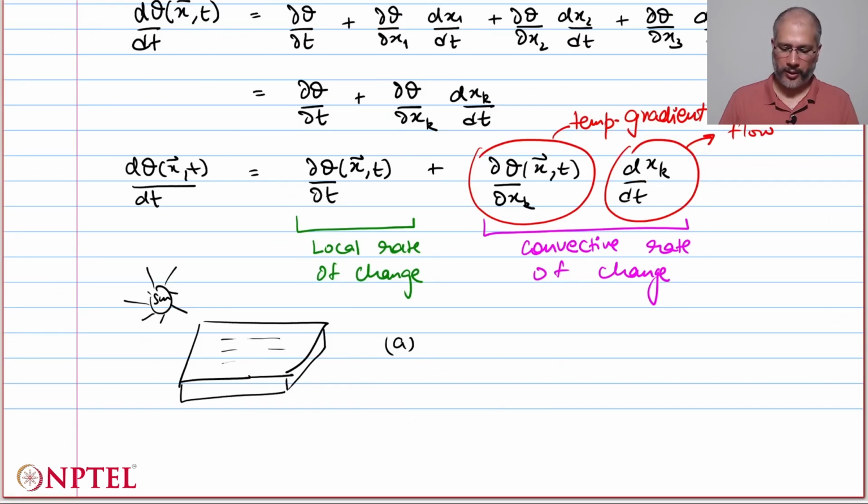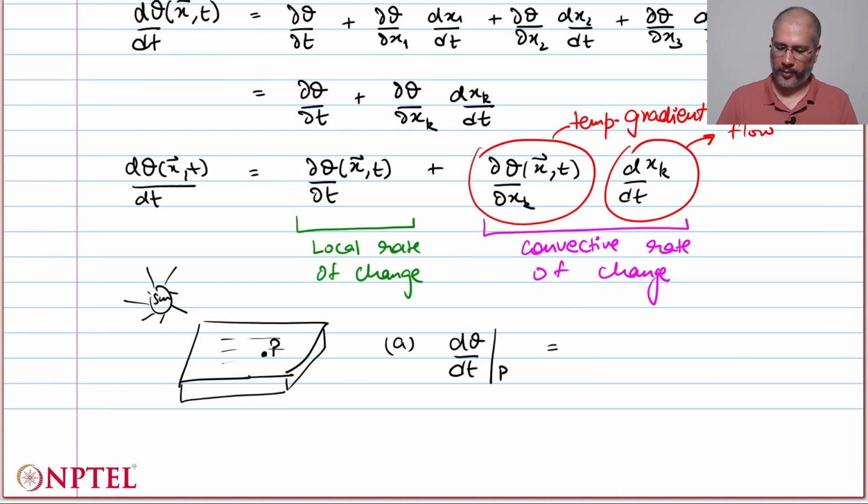So if I'm measuring d theta by dt, which basically is the material derivative of temperature for a particle P, since there is no flow, the particle P will stay stationary. So it is as if you had put in a probe at that location where the particle P is sitting and measured its temperature.